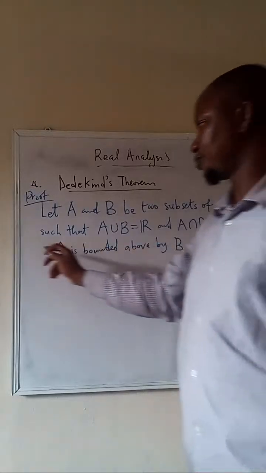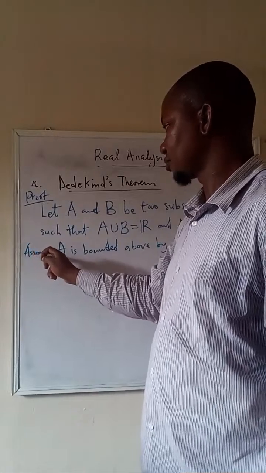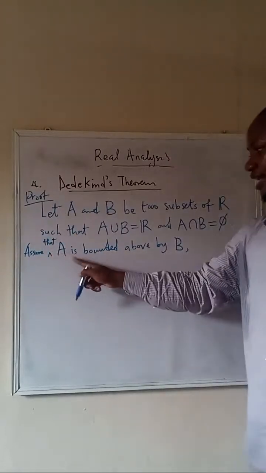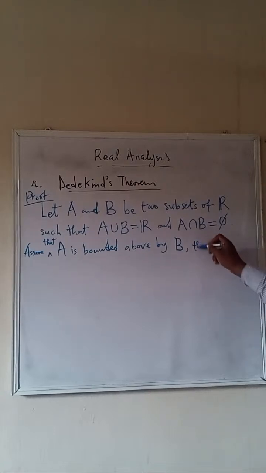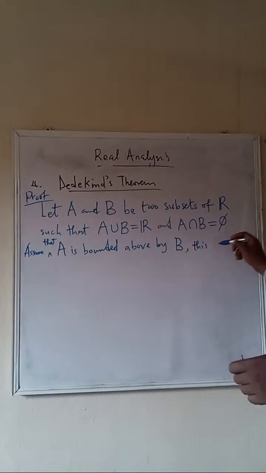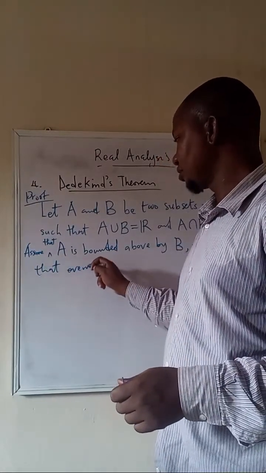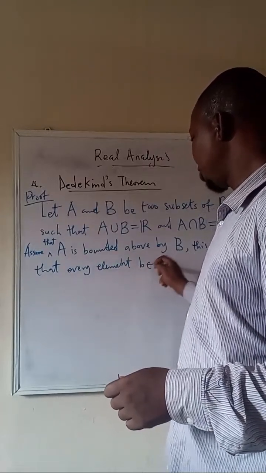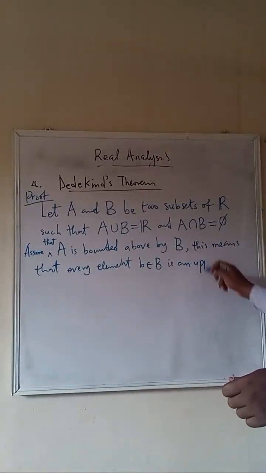I'll say assume that A is bounded above by B. So this means that every element b in B is an upper bound for A.